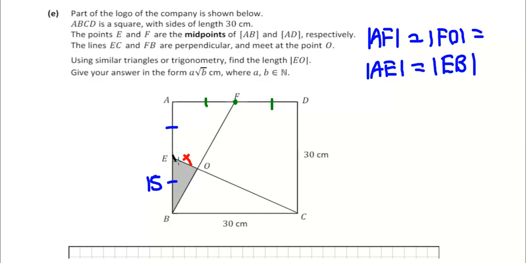Now, why should I do that is the next question. Can I prove they're similar to each other? Is what I should be trying to look at here. Can I conclusively prove that these two angles are the same? I can. Look at this. Green angle here. Forget the lens for a minute.